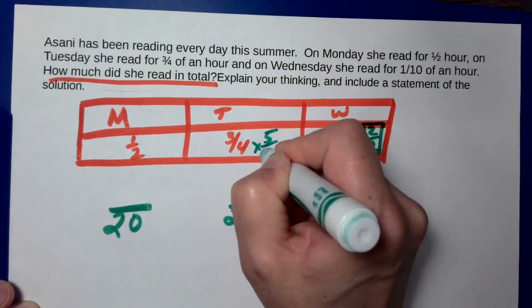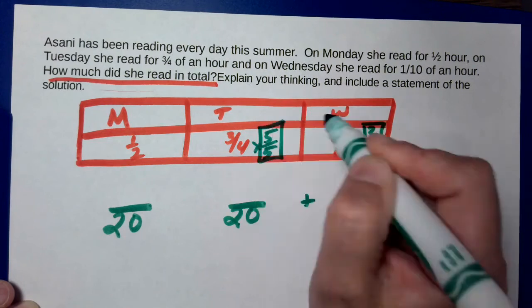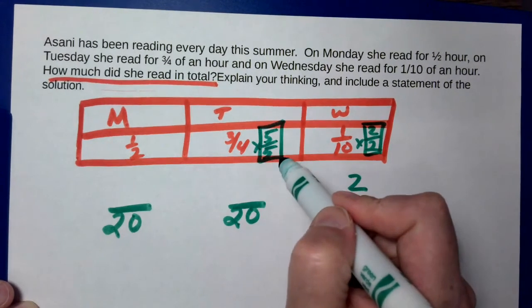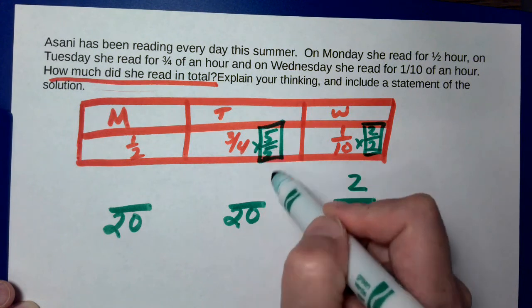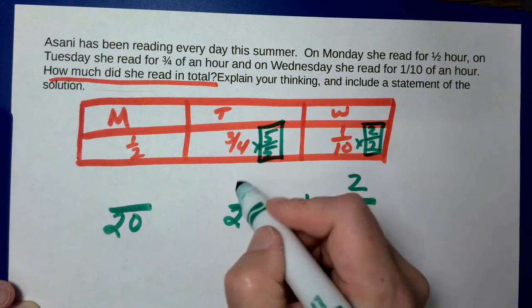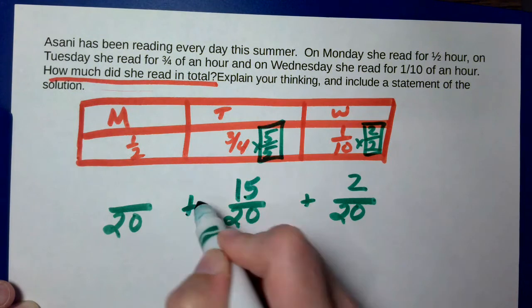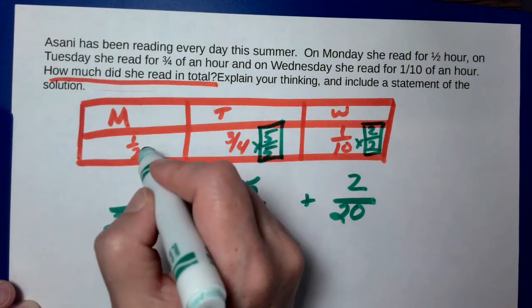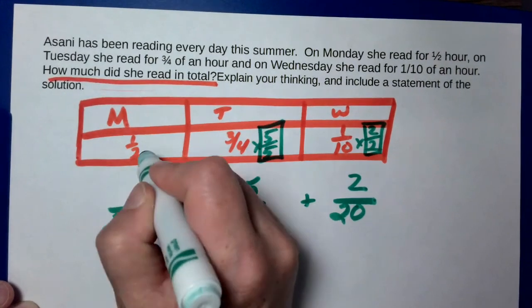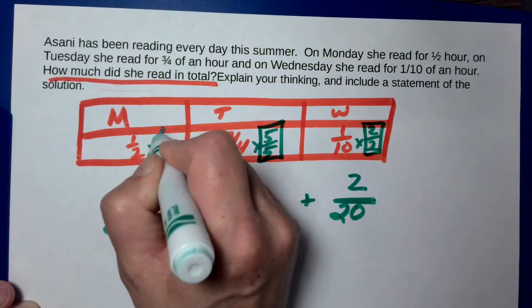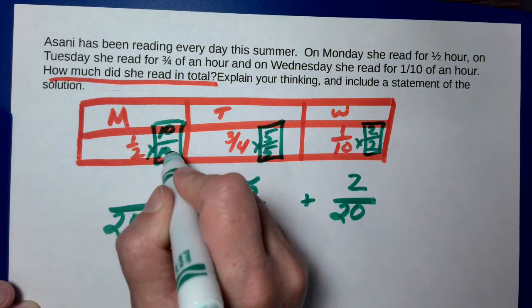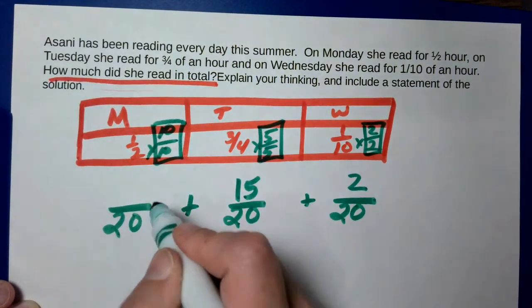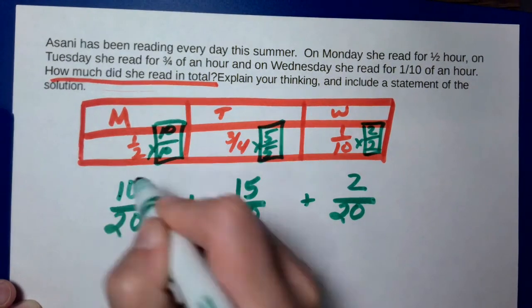I'm going to multiply everything by 5/5, which is the same thing as multiplying by 1 and making an equivalent fraction. So 4 times 5 is 20, and 3 times 5 is 15. And for 1/2, how do I get from 2 to 20? I multiply by 10/10, or multiplying by 1. 2 times 10 is 20, and 1 times 10 is 10.